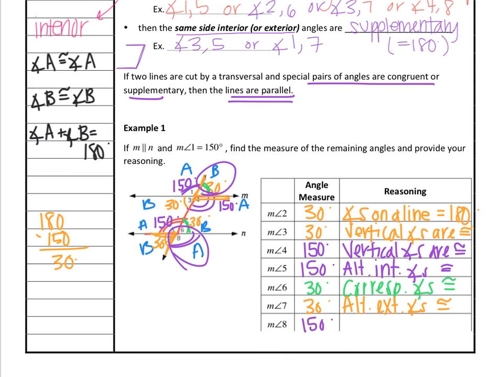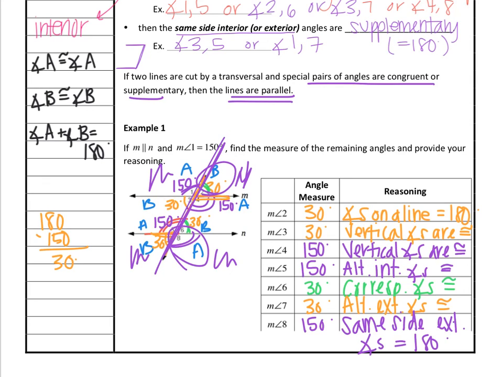Those are same side exterior angles, which equal 180. Same side of the transversal. They're on the outside of those parallel lines. And they're A and B, which means they add to 180.